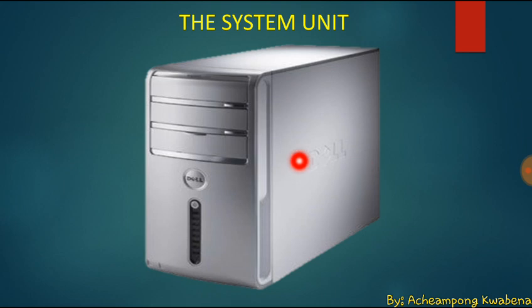Then we have the flat one that lies on tables. We refer to that one as a desktop. So for the system unit, we have two main types. We have the one that stands vertical, known as the tower, and the one that lies flat on a table, the desktop system unit.